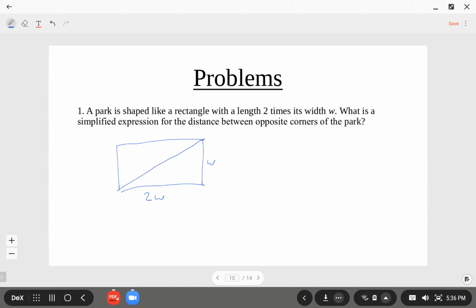So now we just 4W plus W equals 5W. And square root them both. Square root of 5W. Okay. That is the answer. Good job, everyone, who got it correct.